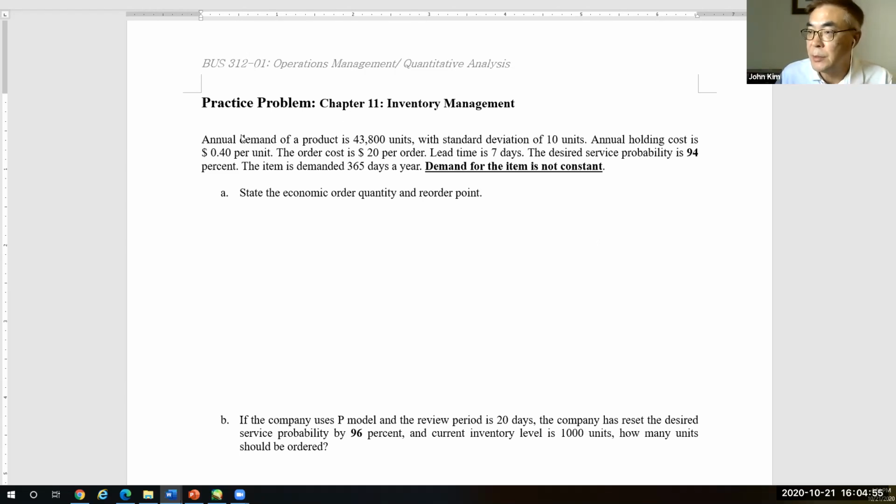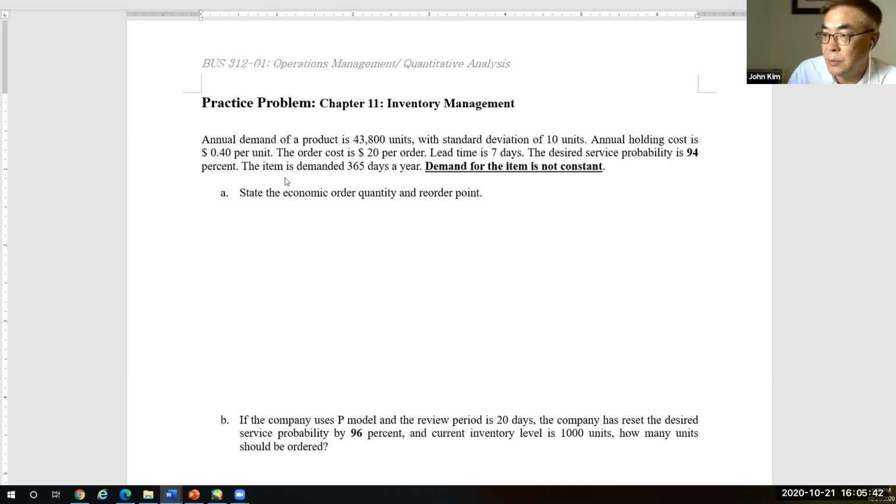Okay, annual demand of a product is 43,800 units, with a standard deviation of 10 units. By the way, this standard deviation is not annual demand standard deviation. This is daily demand standard deviation. And annual holding cost is 40 cents. Order cost is $20. Lead time is 7 days. And the desired service probability is 94%.